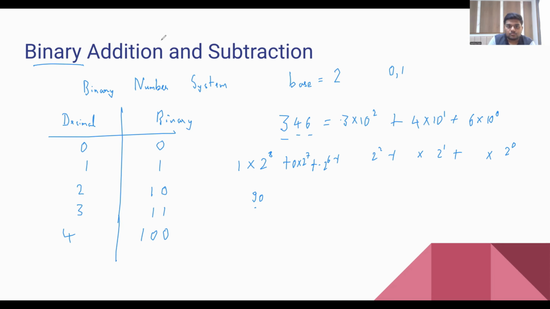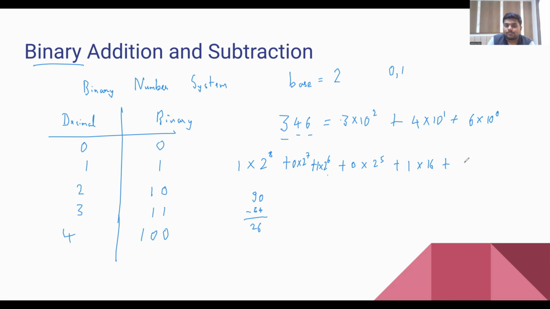2 to the power 6 is 64, so yes, 1 into 2 to the power 6. 90 minus 64, what is left? 26. 26 is not divisible by 32, so 0 into 2 to the power 5 plus 16 into 1, which is 2 to the power 4.